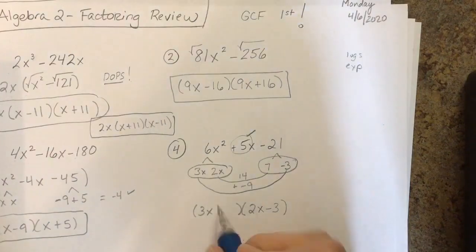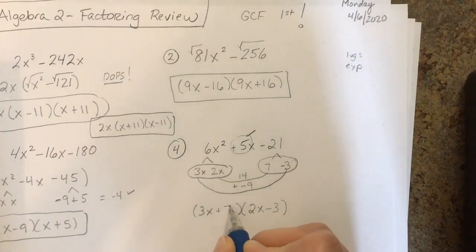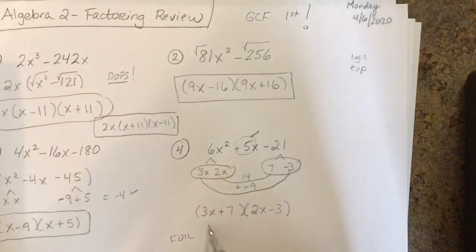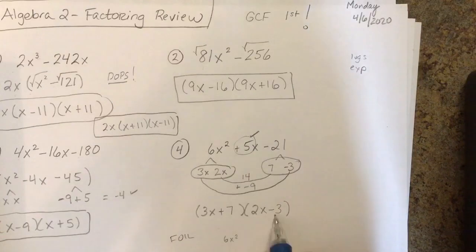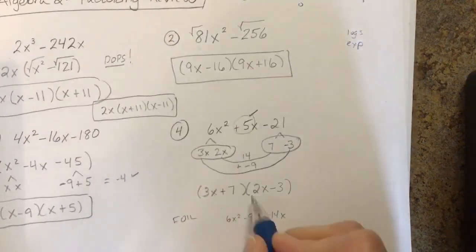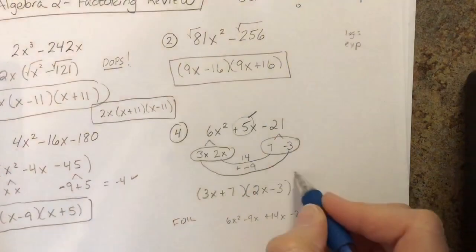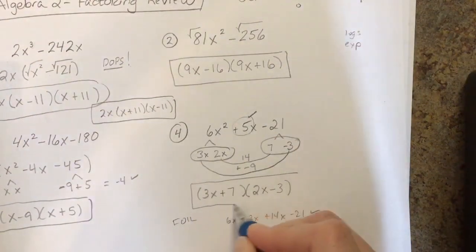So 3x minus 3, 2x plus 7. If you FOIL that back out and check it, you get 6x squared minus 9x plus 14x. That adds up to 5x minus 21. Check.